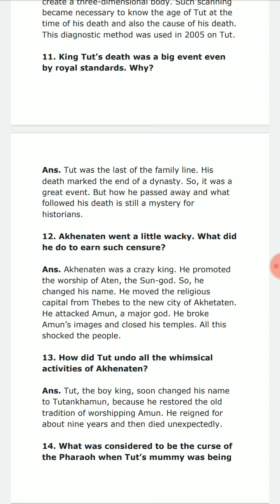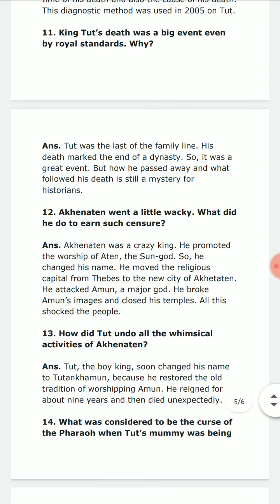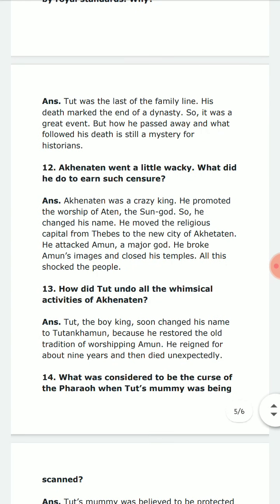So let me come to the answer part. Tut was the last of his family line, because he had no one after him. His death marked the end of a dynasty. With his death, his dynasty comes to an end.